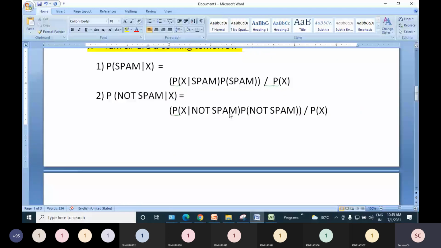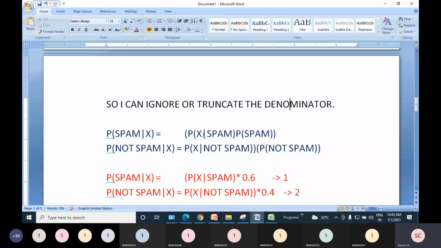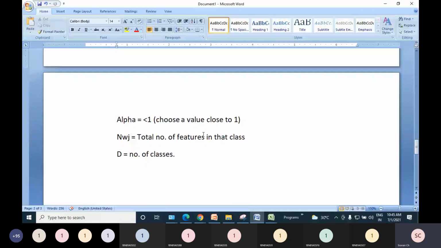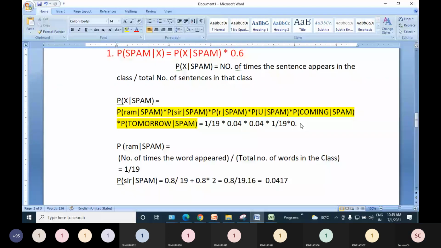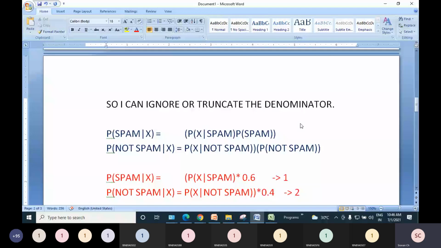No, coming is also not there, so 0.04 because I have to do smoothing. Tomorrow is also not there, so here also it should be another 0.04.